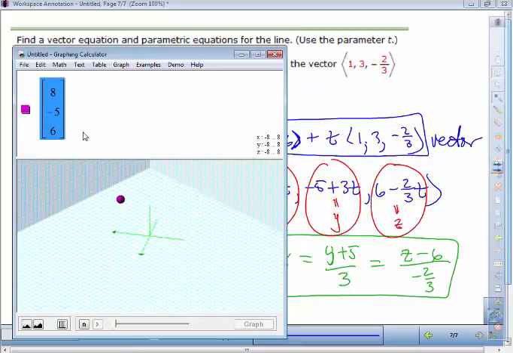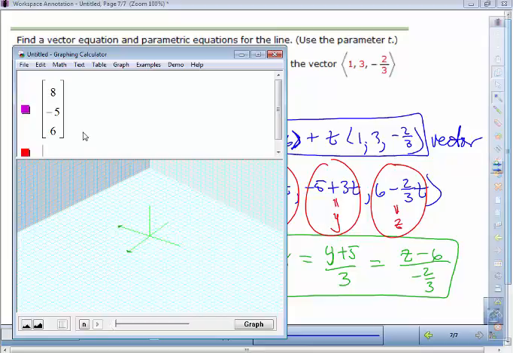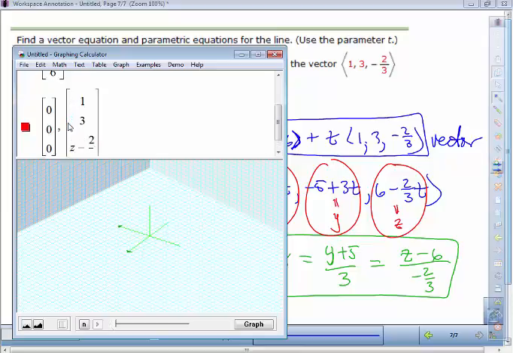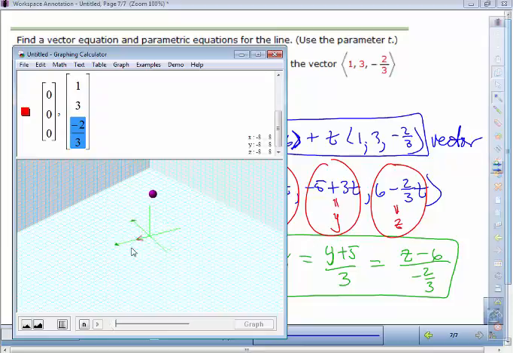If I were to just write that vector out, I would need a 0, 0, 0, 1, 3, negative 2/3. So that's not very helpful.